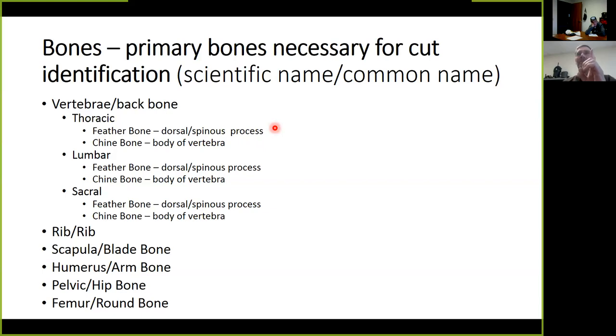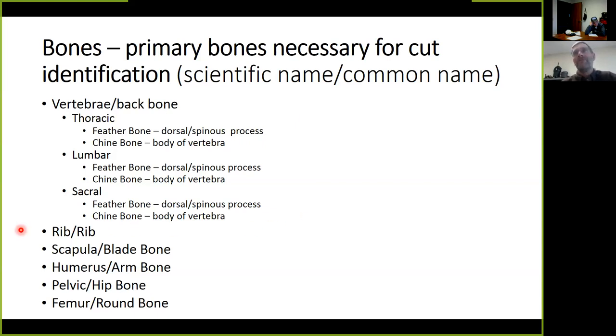Then we also have a part of the vertebrae that sticks out like this. And this is called the transverse process. And if you think about a T-bone steak, that's what makes a T-bone steak. So we'll look at some of those.